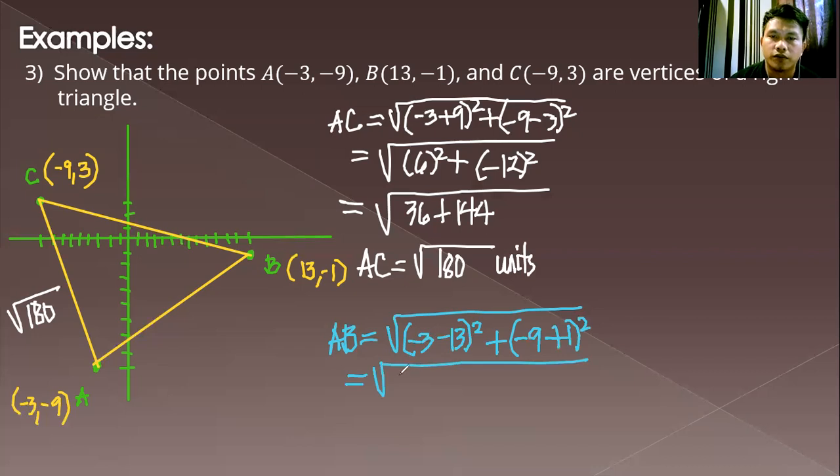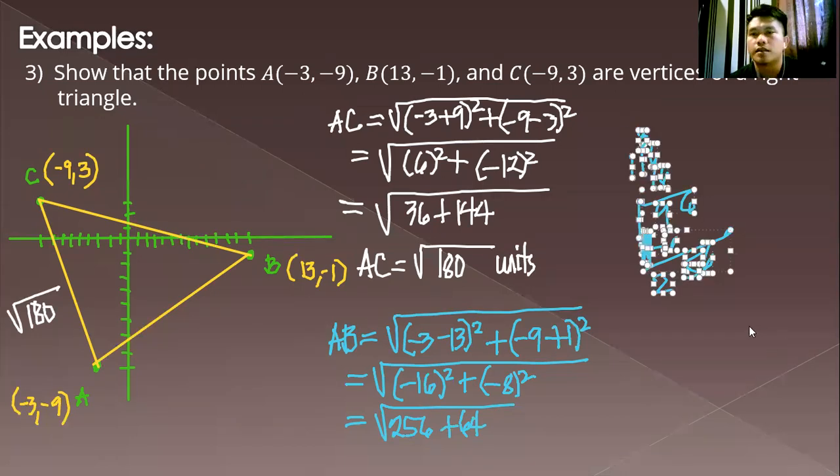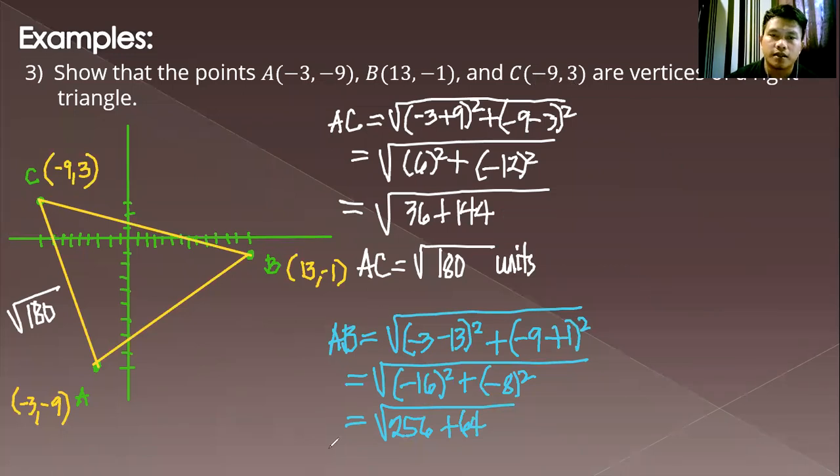That is equal to the square root of (-16) squared plus (-8) squared, which is 256 plus 64. 256 plus 64 is 320. So AB is the square root of 320.